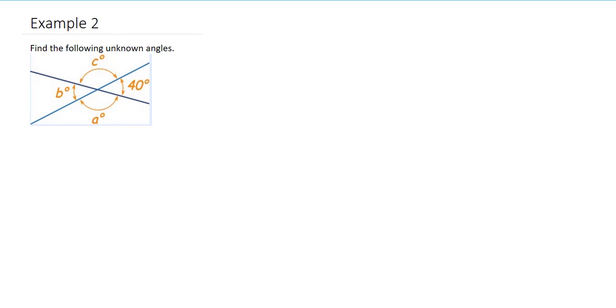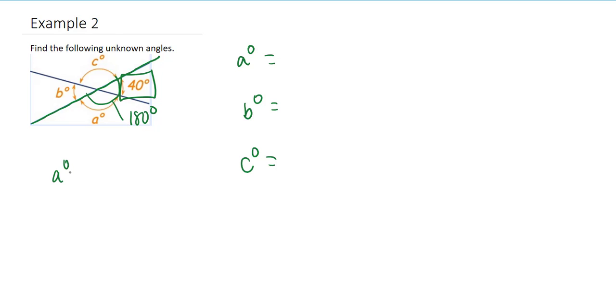Now let's look at example 2. Find the following unknown angles: angle A, angle B, and angle C. The only thing we know is this 40 degrees. The other thing we do know, though, is that a straight line makes up 180 degrees.